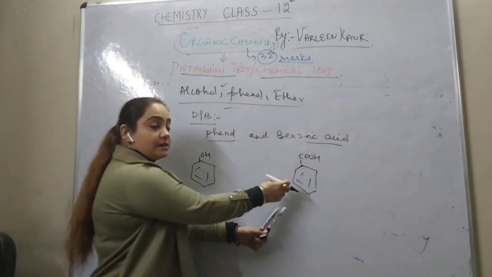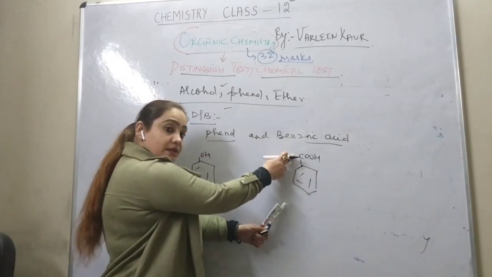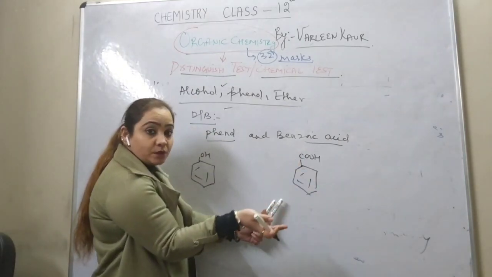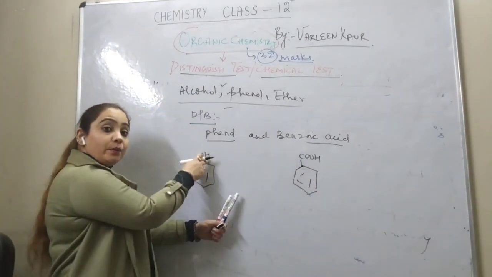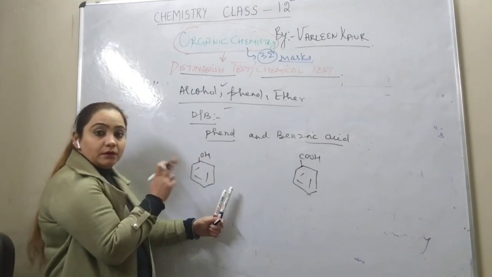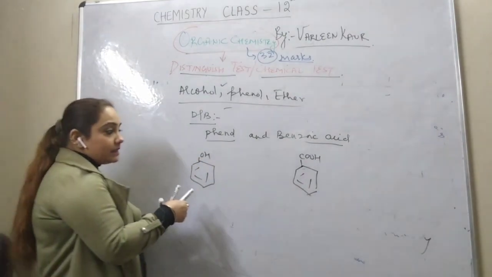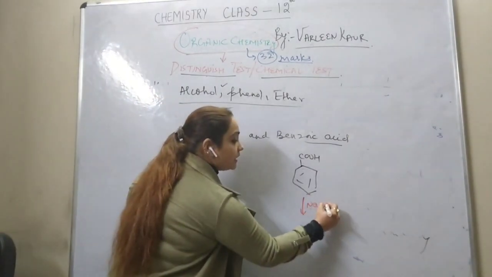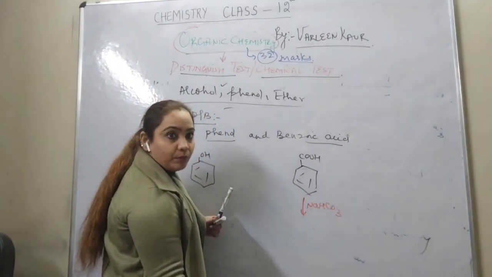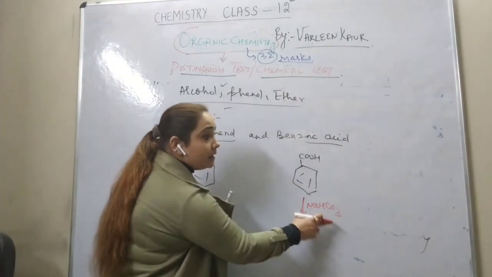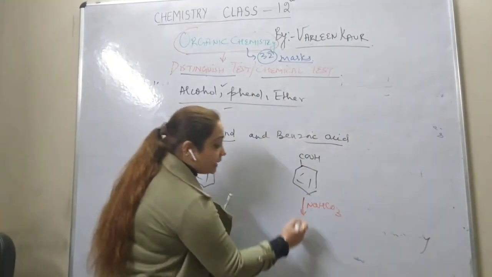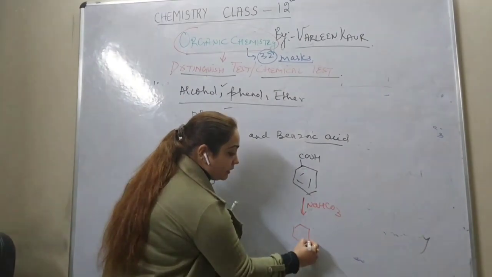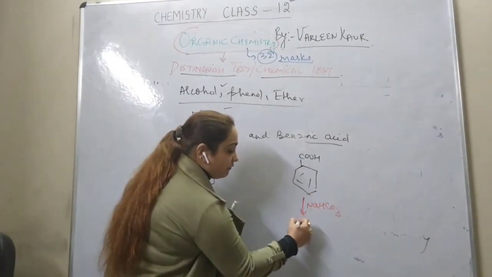Benzoic acid: when the benzene contains an acid group, it is considered to be benzoic acid, and when this ring contains OH, it is known as phenol. Got it? So in this I am going to apply NaHCO3, sodium bicarbonate, and it will give the brisk effervescence.